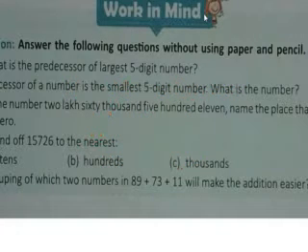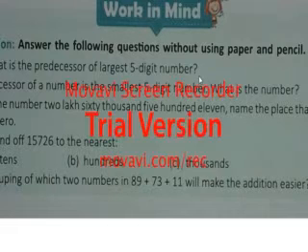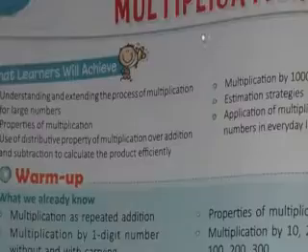That means you have to find the answer in your mind itself. So now here is the question, what is the predecessor of the largest 5-digit number? We know the largest 5-digit number is 99,999, that means 5 nines. And predecessor means 1 less, so it will become 99,998. So I have written the same over here.